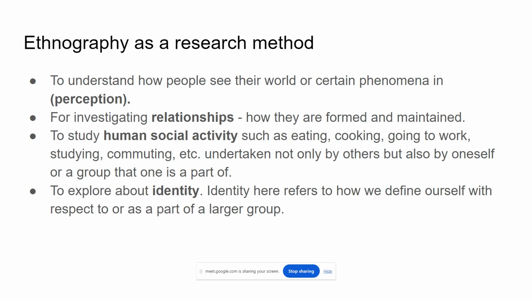It's not that you might have an identity alone, but I don't think so. So it can be that you have a personal identity which you think you have, then there's another identity which others think you have. So it's sort of exploring all of them. In any aspect you want to explore about identity, ethnography is there for you.